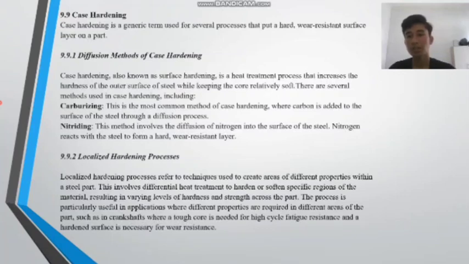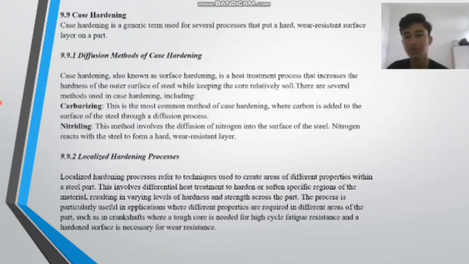9.9 Case hardening. Case hardening is a generic term used for several processes that put a hard, wear-resistant surface layer on a part. 9.9.1 Diffusion methods of case hardening. Case hardening, also known as surface hardening, is a heat treatment process that increases the hardness of the outer surface of steel while keeping the core relatively soft.